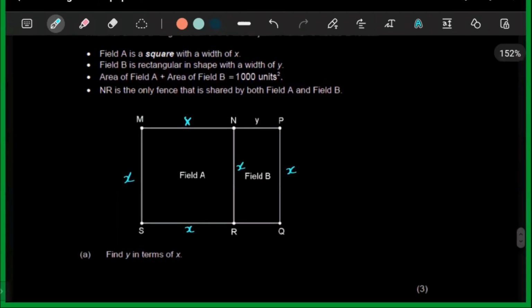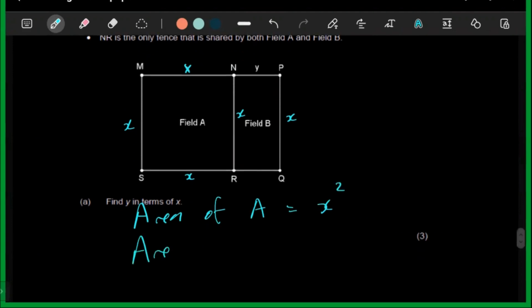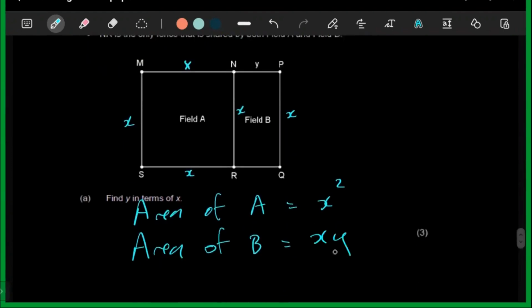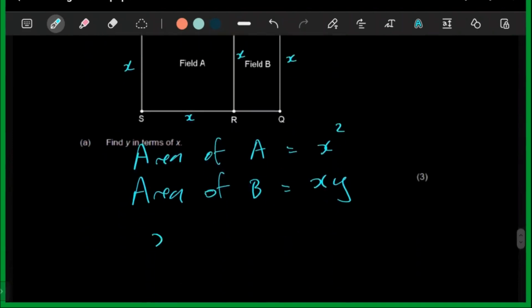That's a very easy question because you have the area of field A, which is just x times x, which is x squared. The area of B, they told us it is just y times x. The thing now is, if you add them up, you get 1,000. So x squared plus xy is 1,000.